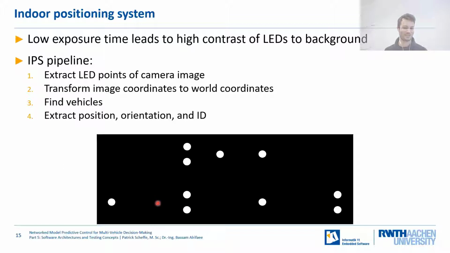You can imagine how to do it, and then we can extract the position, orientation and the ID of the vehicles. If you see a stream of images, and you track the single vehicles, you can also track the vehicle ID LED, and see the sequence of on-off signals it gives, and from there you can see the ID.